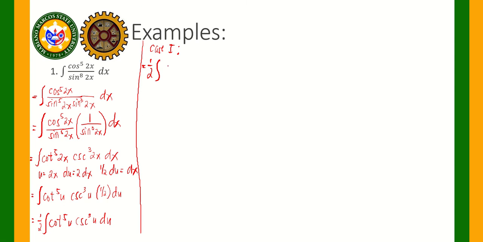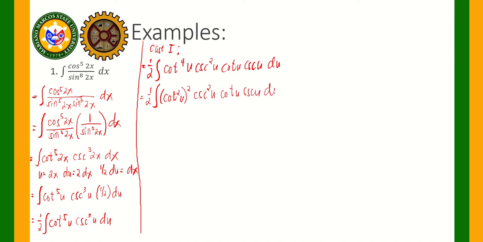So this will be equal to cotangent 4u times cosecant squared u and then cotangent u cosecant u du. So for this one, this is cotangent squared u raised to 2, and then cosecant squared u and then cotangent u cosecant u du.